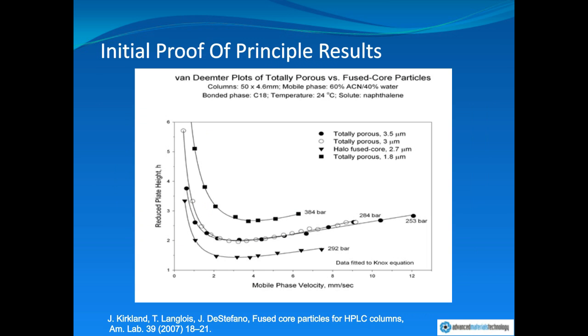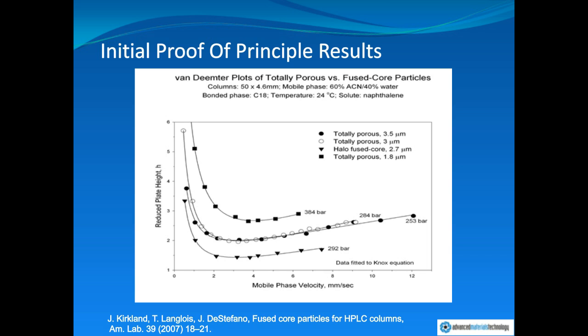Now this is data that's actually 10 years old this year, shown on the slide, where we showed initial proof of principle in 2007 comparing superficially porous particles. That's the bottom of the curves on this Van Deemter plot. That's a plot of column efficiency on the vertical axis versus linear velocity or mobile phase velocity on the horizontal axis. And increased column efficiency, increased ability to carry out fast separations is best low on the vertical axis rather than high.